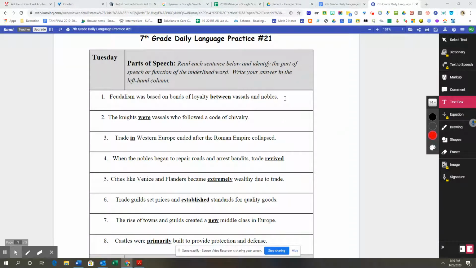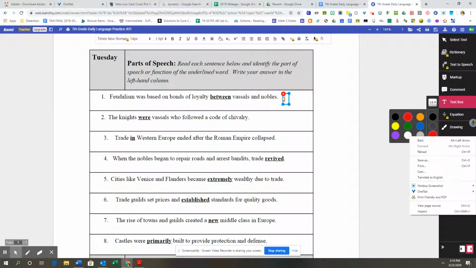So where you want to enter your answers would be just here to the side or underneath, wherever you can fit it in. It says read each sentence below and identify the part of speech or function of the underlined word. Write your answer in the left-hand column. My left-hand column disappeared when I transferred over to a Google Doc. So you can just write it right in this box below in red so I can see where you got your answer.